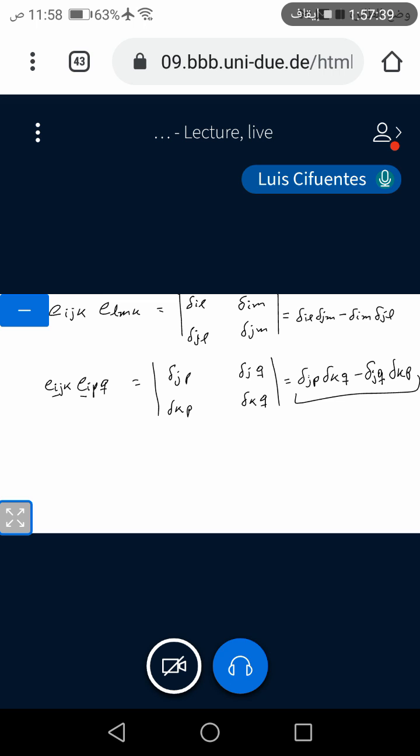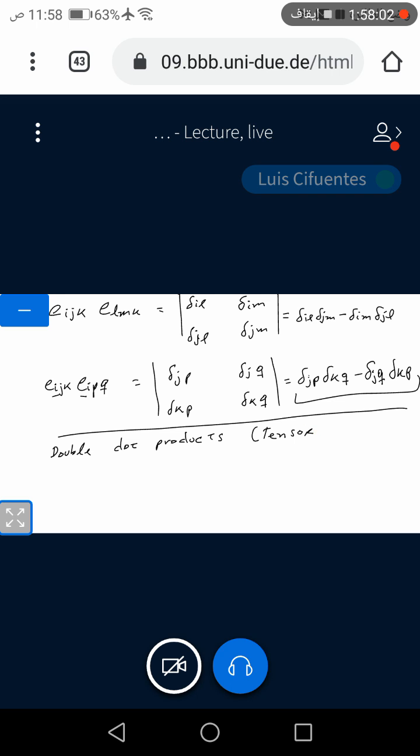Double dot product between tensors. It's represented with these symbols, in bold, normally in bold and capital letter.